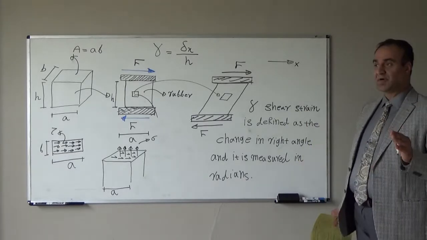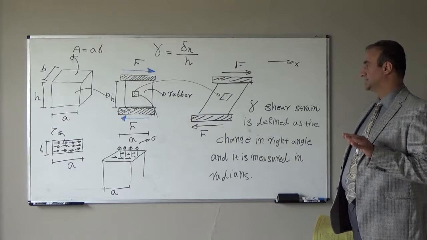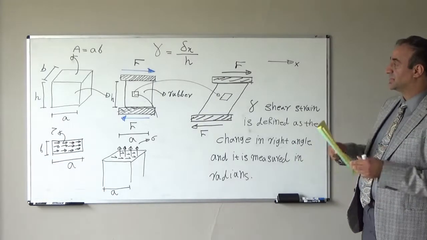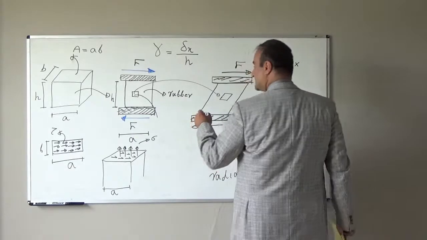So gamma we call shear strain. The definition is shear strain. You see, it is change of right angle.